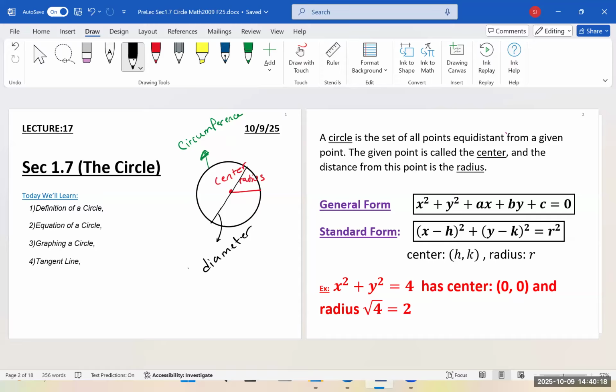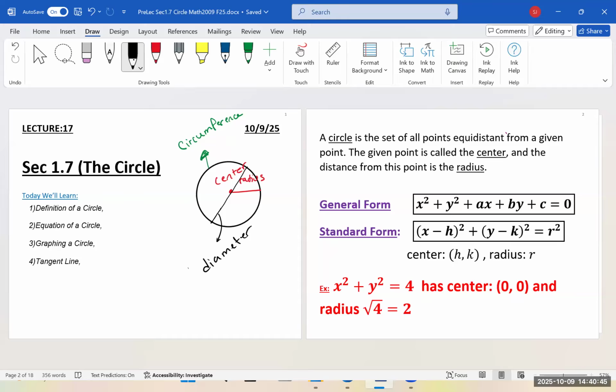And then we can write the circle 2 different ways. We can write as expanded form, we call them general form, or we can call it nice looking equation, which is called standard form. We love standard form, we hate general form. Do you know why we love standard form?